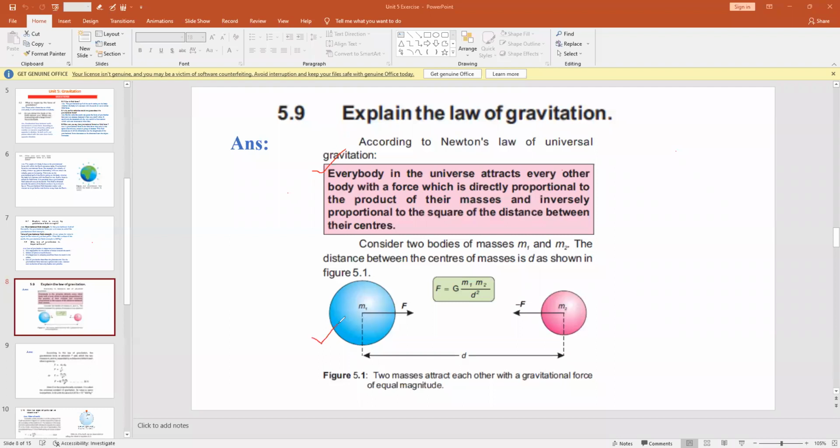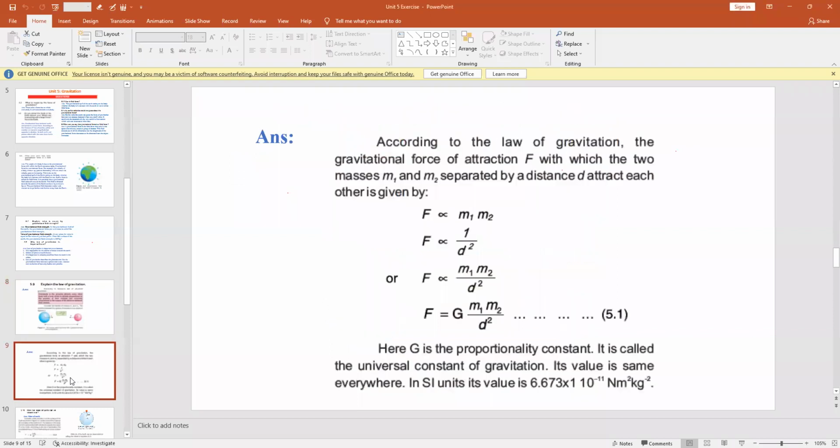Then you have to draw the diagram that was already discussed, and write: consider two bodies that have masses m1 and m2, and the distance between the centers of their masses is given by d. So you have to write all these along with the diagram.